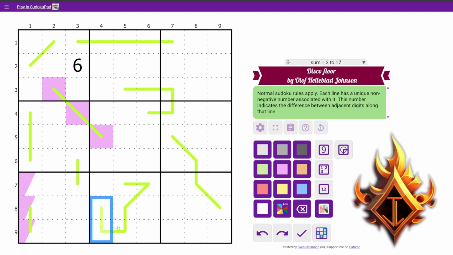So it's going to count. Well, okay, it's 6 digits long, so 4, 5, and 6 will have to be somewhere along here as well.